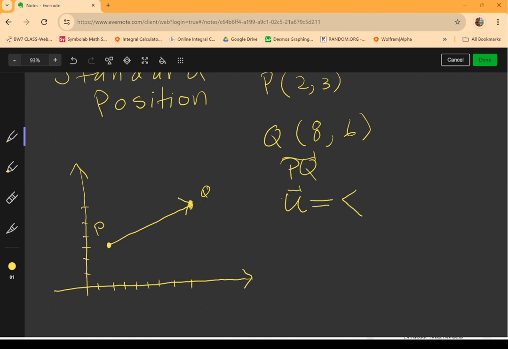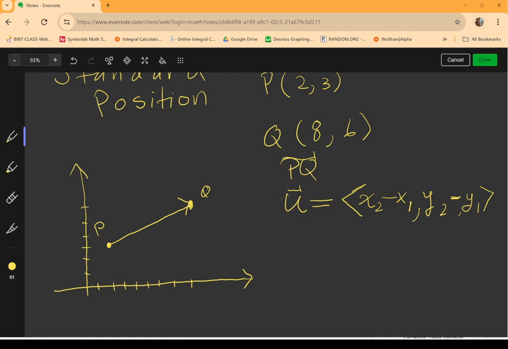I'm going to write it in terms of the difference, using this arrow bracket notation, and the x value is going to be the difference in the x coordinates. Here the position is going to be important. It'll be the terminal x coordinate minus the initial x coordinate, and the terminal y coordinate minus the initial y coordinate.